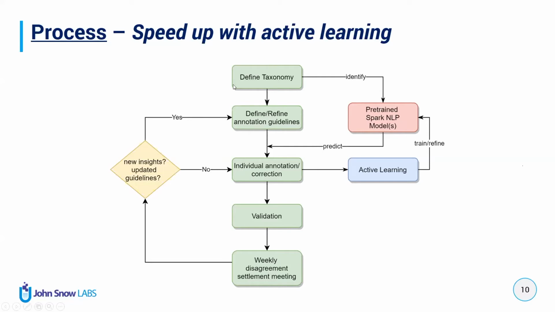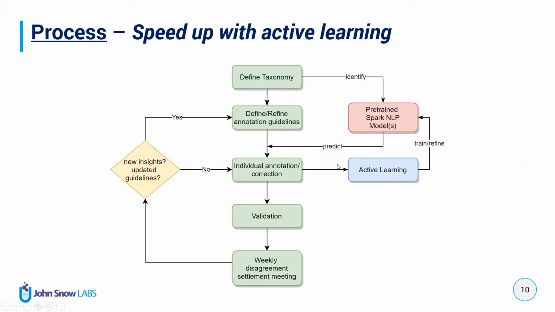Once we have the taxonomy, we have a list of relevant models. We apply those models on the list of documents that we want to annotate in order to predict something. And this way, the annotators will not start from scratch, but they will have at least some of the labels predicted in the documents that they annotate. So this is one possibility to speed up the annotation process.